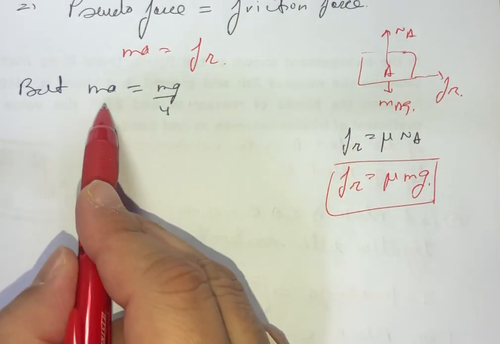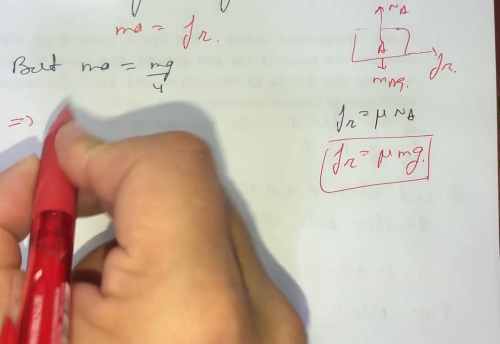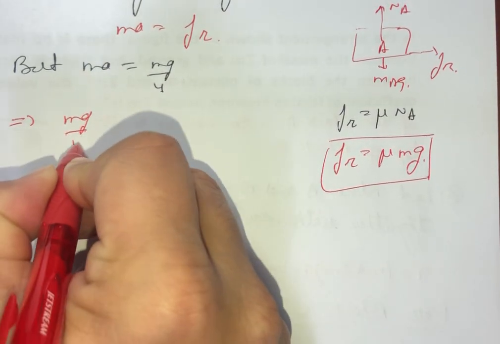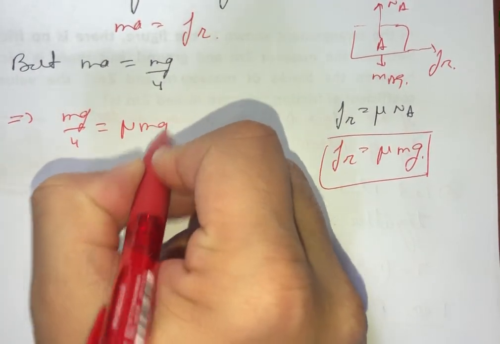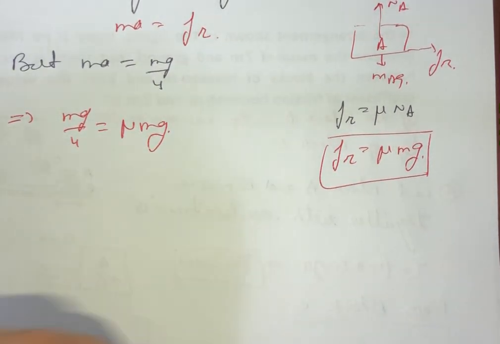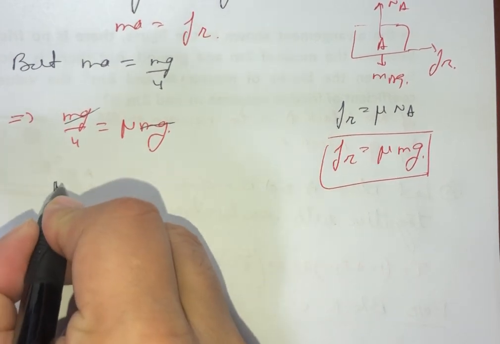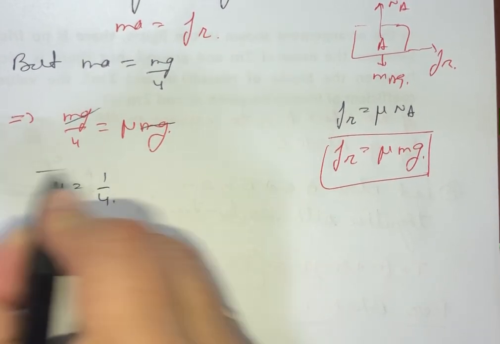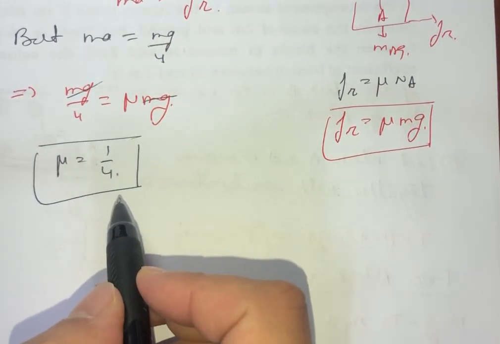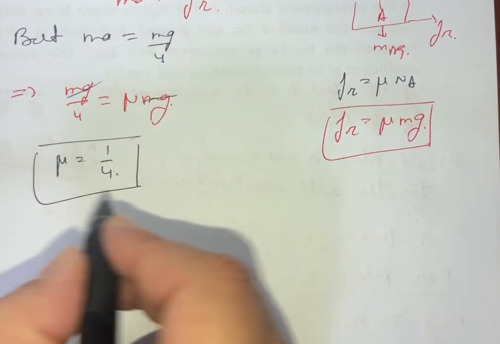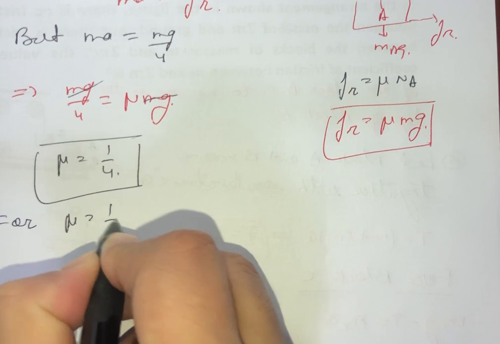So substituting the values of ma as well as Fr, we get mg divided by 4 is equal to mu mg, and this cancels out, so you get mu is equal to 1 by 4. So this is the value of the coefficient of friction, mu is equal to 1/4.